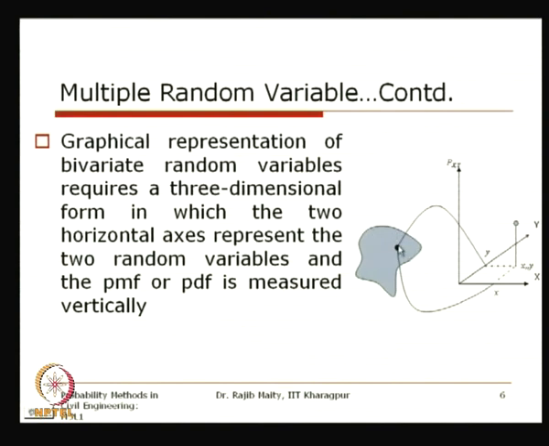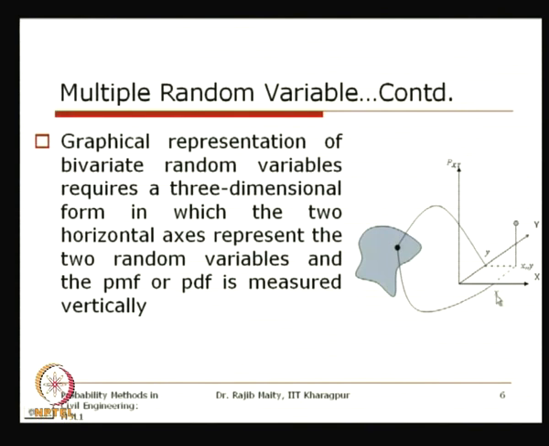For each outcome, y is a random variable, a function taking that outcome to some point over the range of y. Similarly, the same outcome also refers to another point over the random variable x.